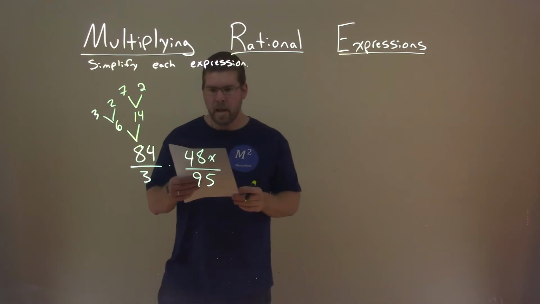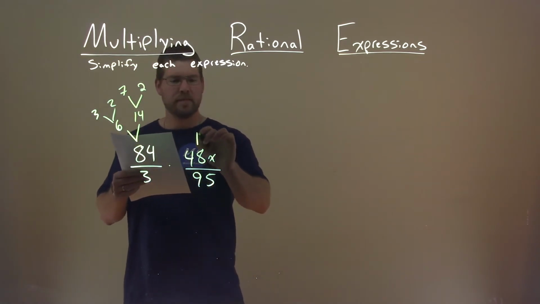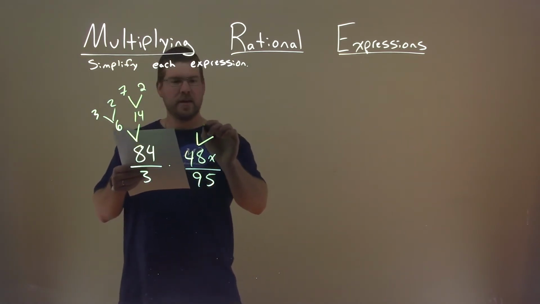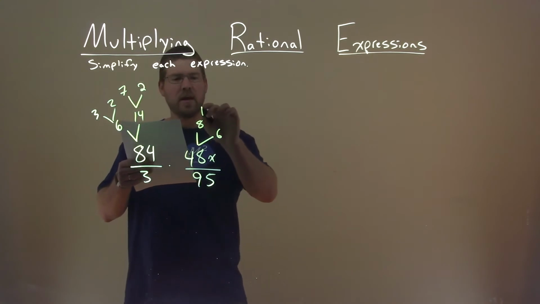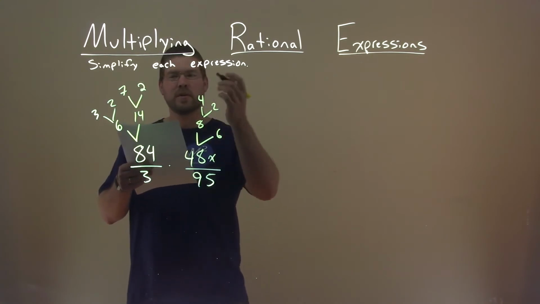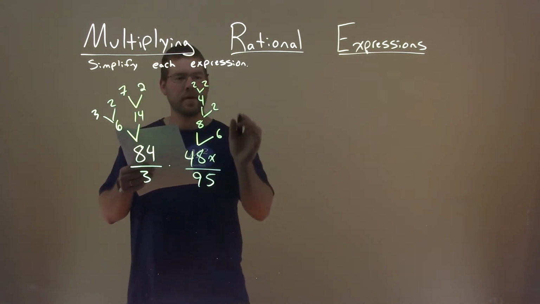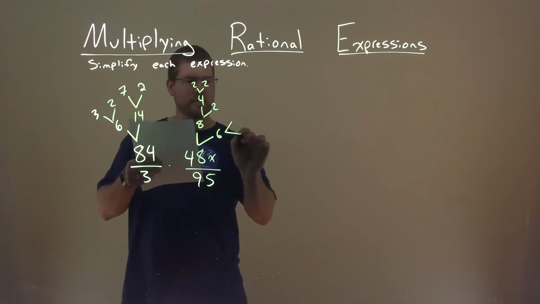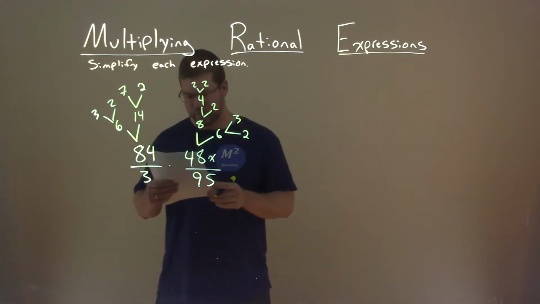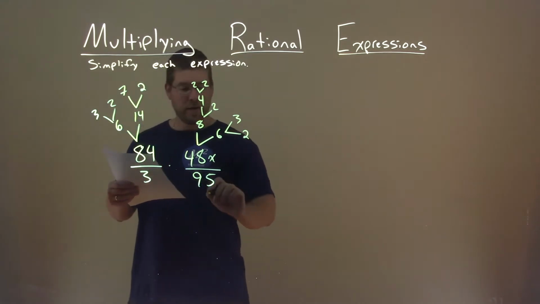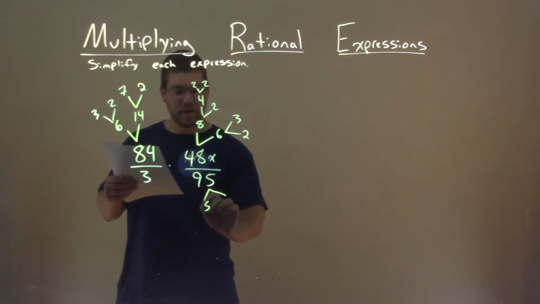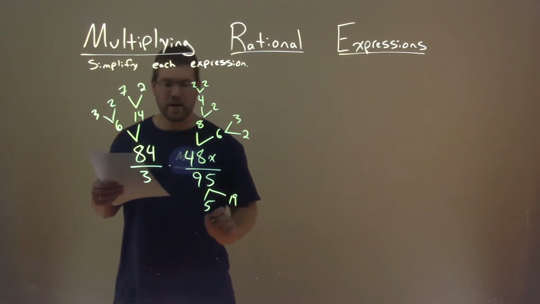What about 48? 48 is 8 times 6, and 8 is 4 times 2, which we know 4 is 2 times 2. And 6 is 3 times 2. 95 is 5 times 19. We're kind of done there.